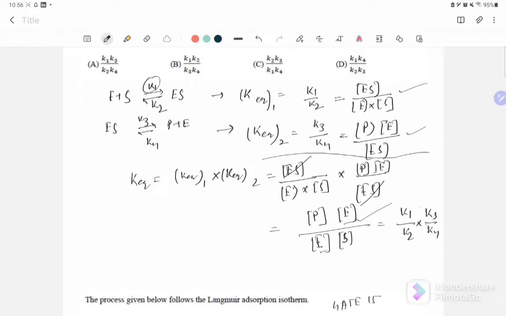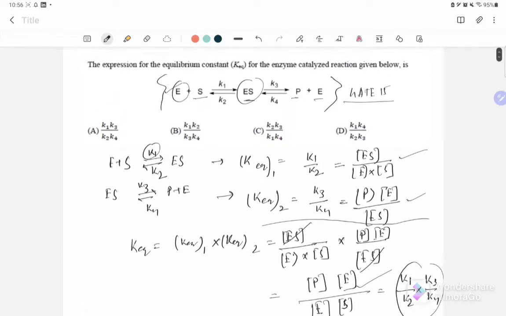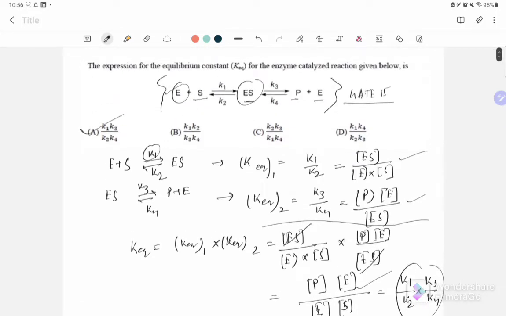What is the answer? A will be our answer.